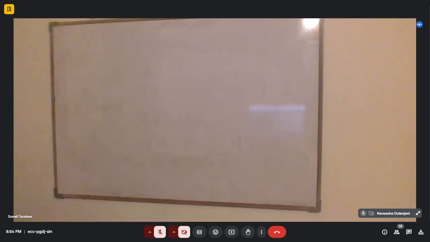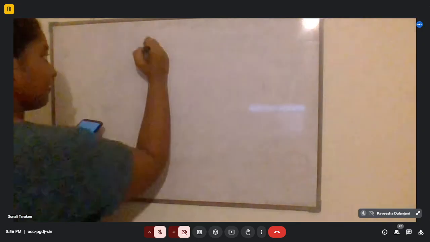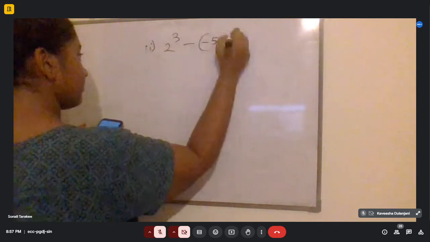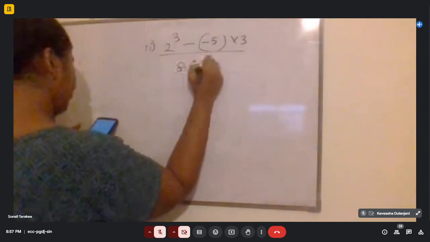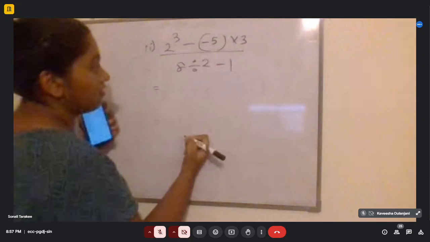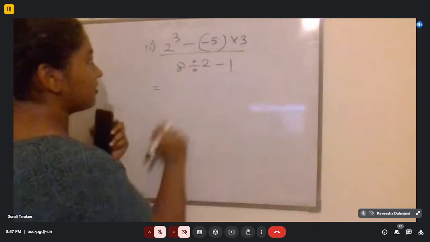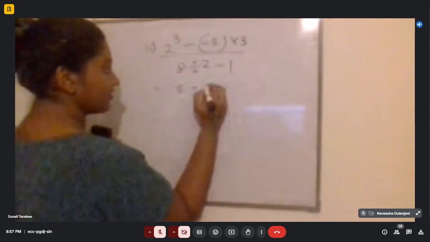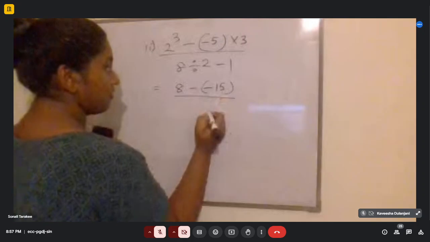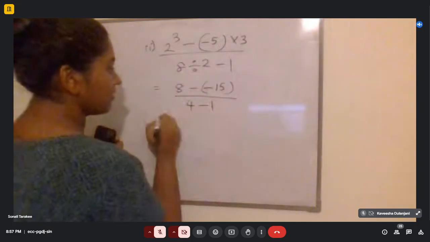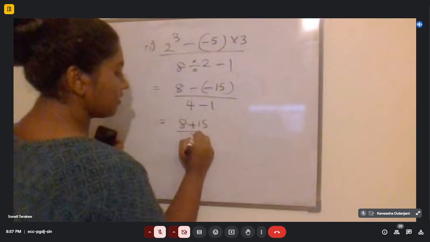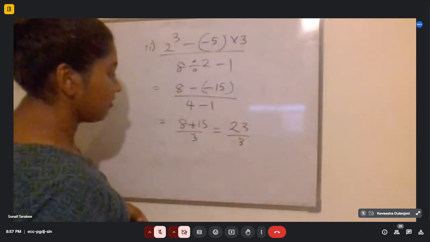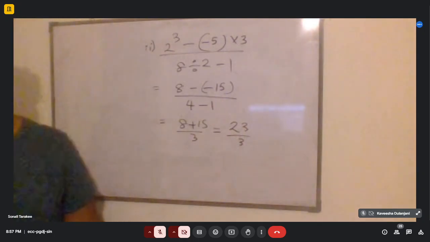Okay, next question is 2 to the power 3 minus minus 5 times 3 over 8 divided by 2 minus 1. Here also BODMAS theory. So power, when you simplify 2 to the power 3, 8, minus 5 times 3 means minus 15 over 8 divided by 2, 4, 4 minus 1. So you get 8 plus 15 over 3. Get 23 over 3.